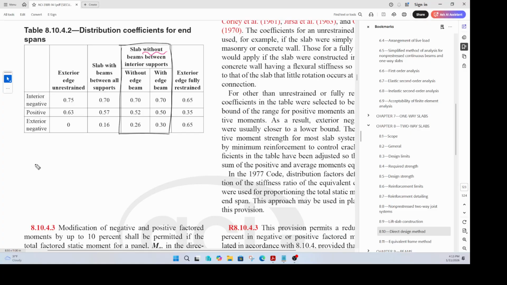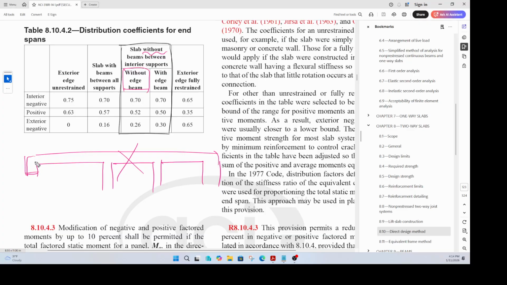So meaning maybe you have a column like that, beam column like that, right? And this fellow, that's your thing. And then maybe there is an edge beam here, right? So if you have an edge beam and you're talking about that span, again, this is the exterior span. We are not talking about the interior span, because interior span is pretty straightforward.